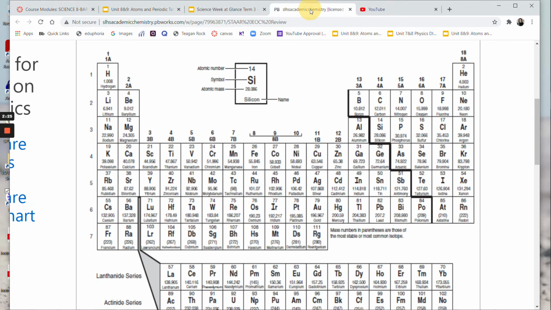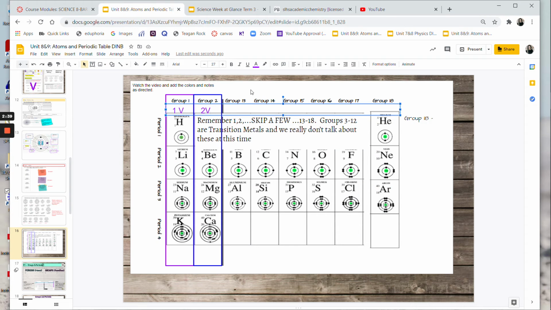And then let's go back to the other periodic table. Remember, I just said that you're going to skip these guys in the middle. So you actually skip 3 through 12 with valence electrons only, and you go 13 through 18. So that's what I did on your notes. I skipped 3 through 12. So now I'm at group 13.